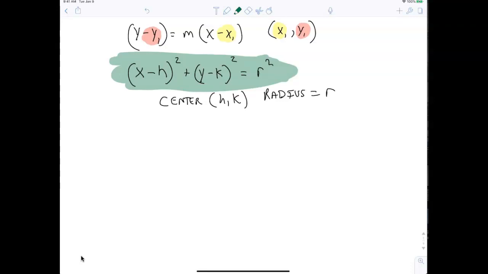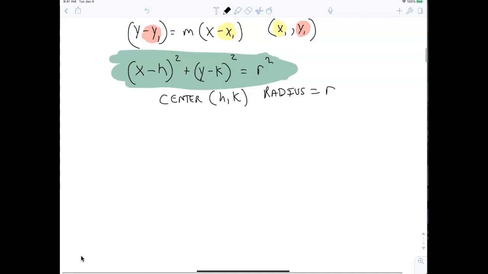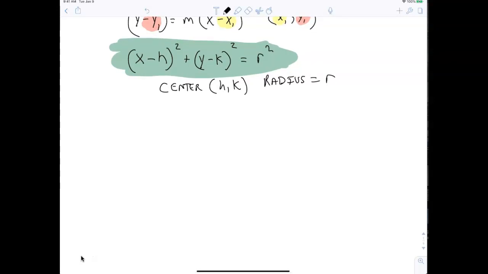Then there's a different format that you can't look at directly and say that's the center and that's the radius. That form is considered general form, which is ax squared plus by squared plus cx plus dy plus c equals 0. That's called the general form.